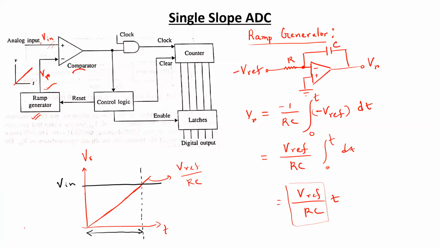Anyone? For this duration, is your input voltage greater than the ramp voltage, or is the ramp voltage greater than the input voltage? So input voltage is greater than the ramp. So if input voltage is greater than the ramp voltage for this period of time, what would be the comparator output? Will it provide a high signal or a low signal?